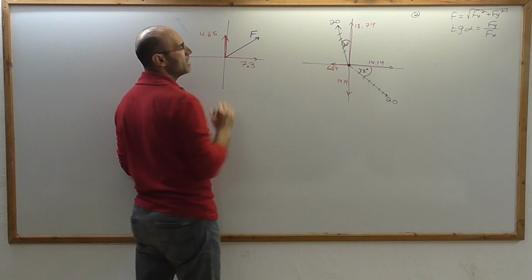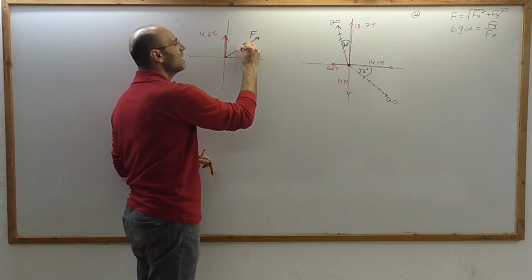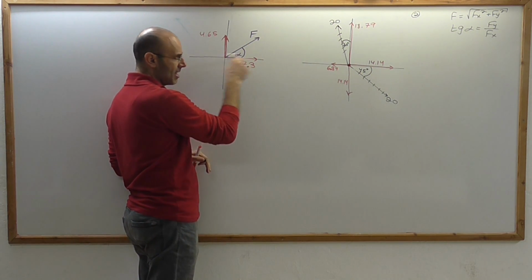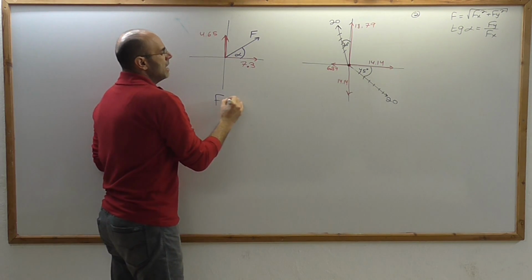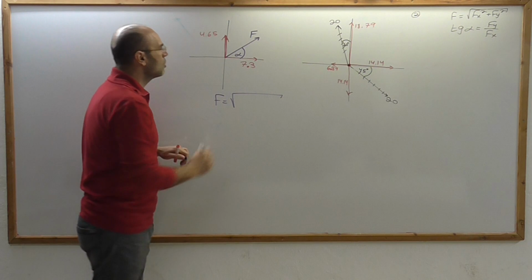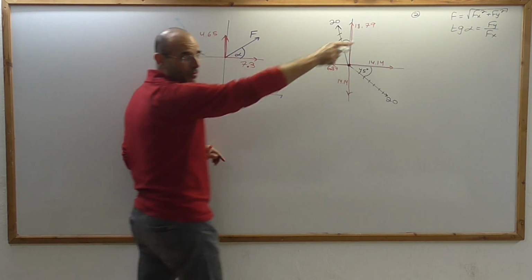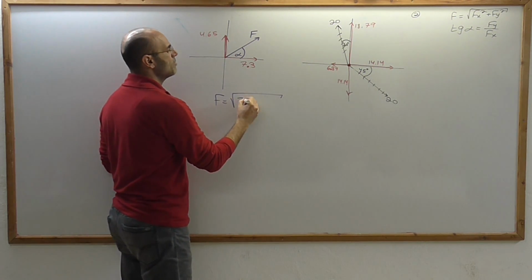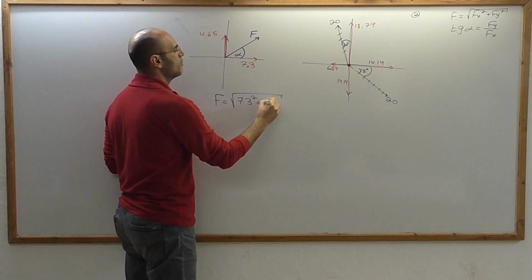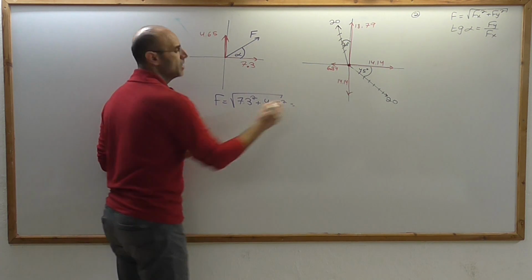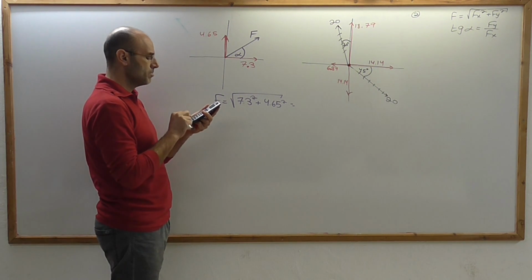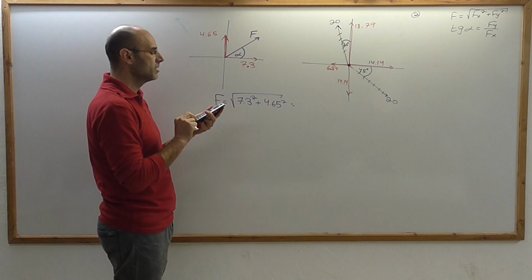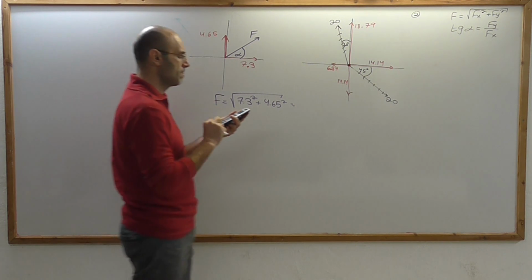Let's call its length F, and the angle, always from the x pole, alpha. F will be the square root of Fx squared plus Fy squared, which means 7.3 squared plus 4.65 squared, square root.